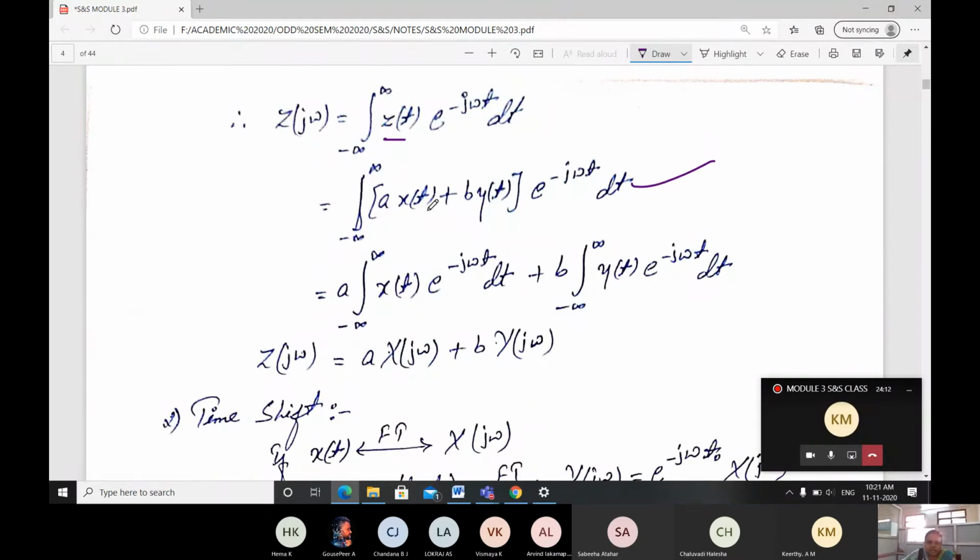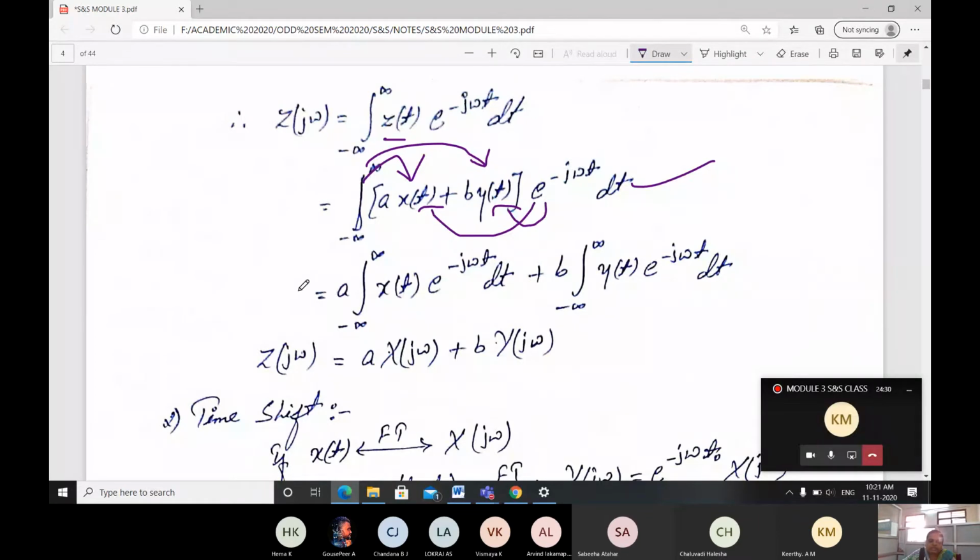Then the integral is linear, so it applies to the first term and also the second term, and we multiply e raised to minus j omega t by a x of t and also by b y of t.